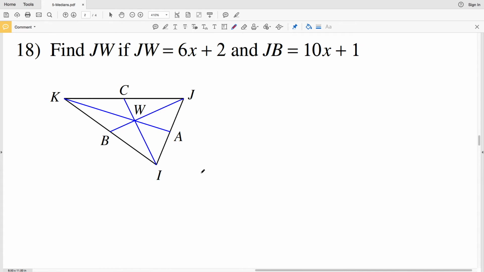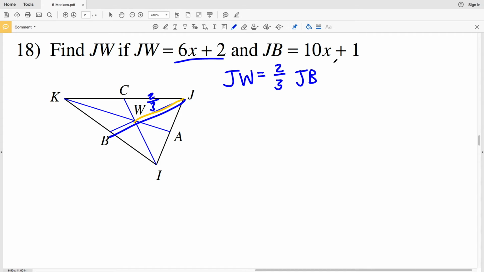And lastly, on this worksheet, number 18. In 18, we're finding JW, given that JW is 6x plus 2, and JB, the total length of that median, is 10x plus 1. So JW, we can see, is 2/3 of J to B. So JW equals 2/3 JB.